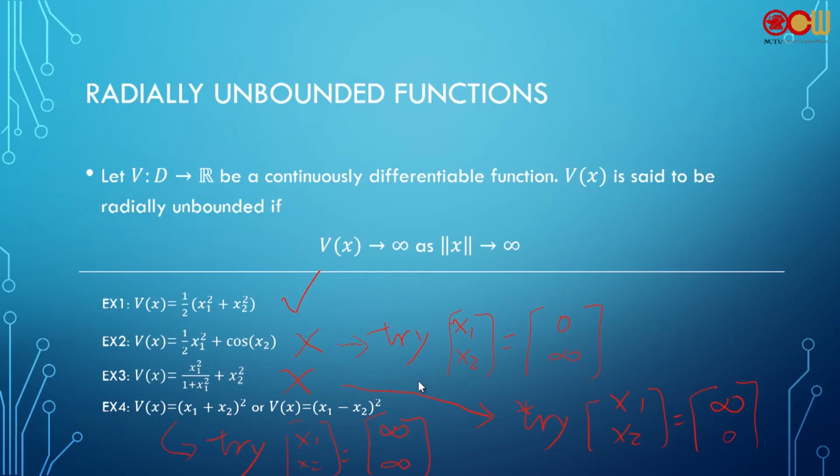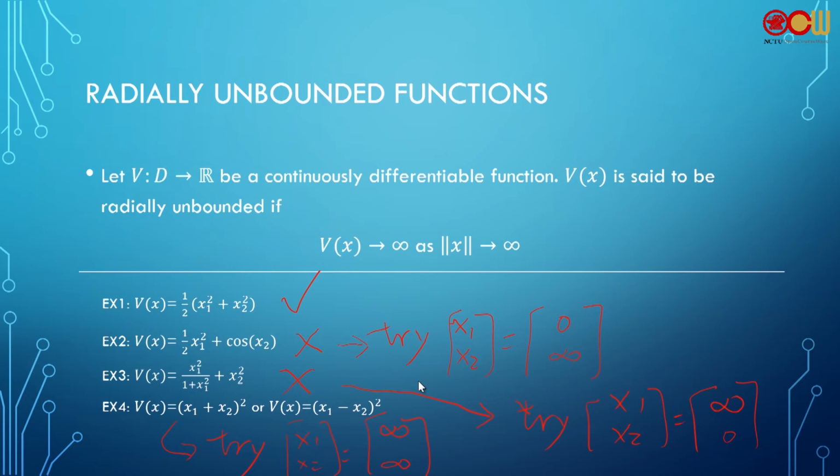Okay, the radially unbounded property is usually used on the function V. Let V be a function mapping from D to R, which is continuously differentiable, and V is said to be radially unbounded if V goes to infinity as long as the x norm goes to infinity.